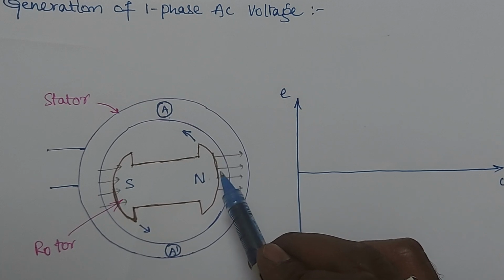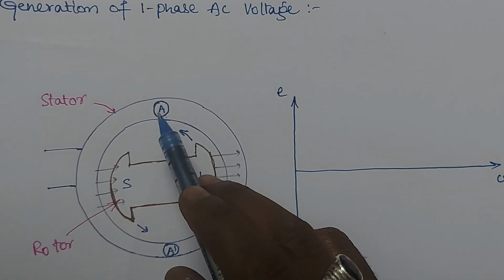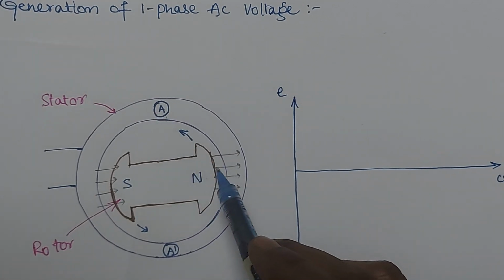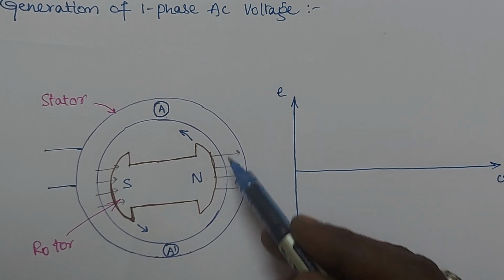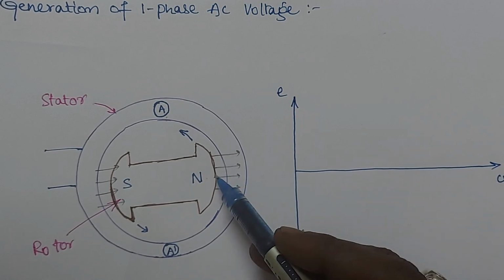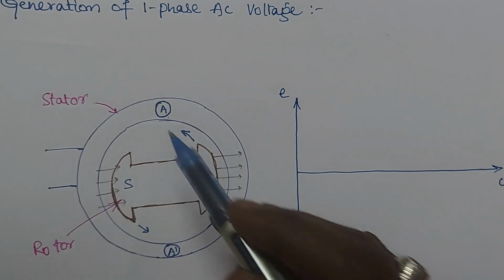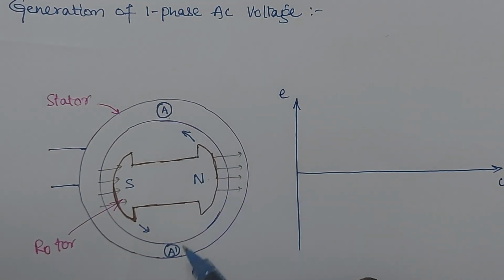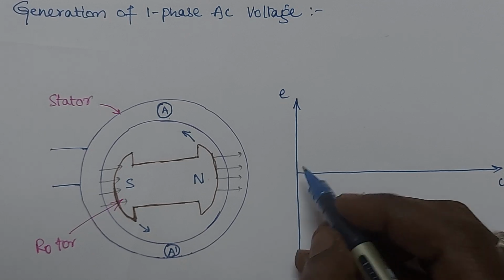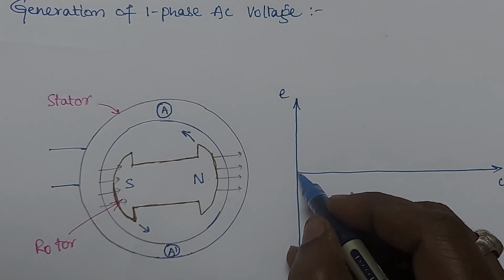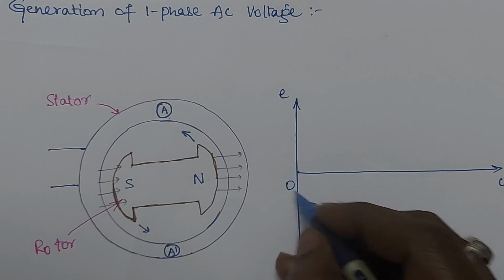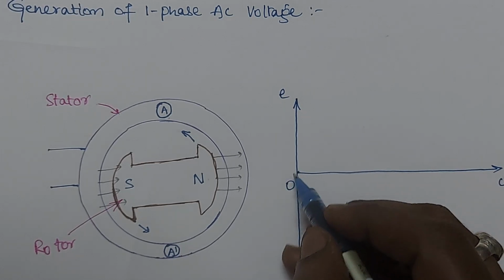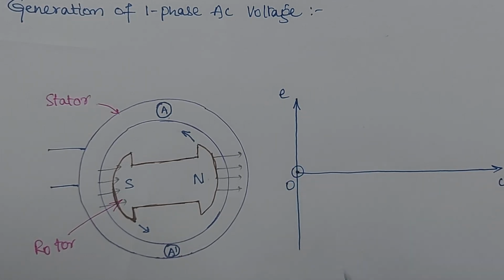In this 0 degrees, what is the amount of EMF induced in A? It is almost equal to 0. There is no magnetic flux cutting the A conductor and A dash conductor. So the EMF value at this position, omega t equal to 0, is also 0.